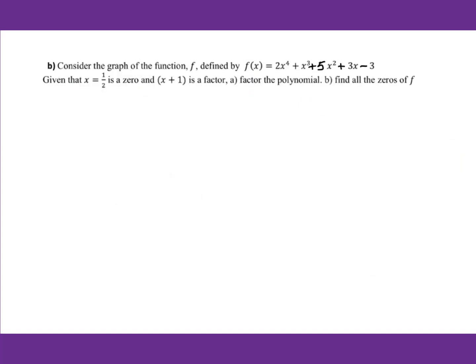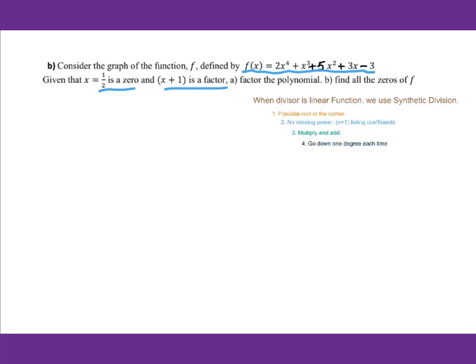Now let's go to the next part. Consider the graph of function f defined by f of x equals this polynomial function. Given that x equals 1 over 2 is a zero and x plus 1 is a factor, we need to factor the polynomial first and then find all zeros of f. Since 1/2 is a zero, we do synthetic division for this 1/2.